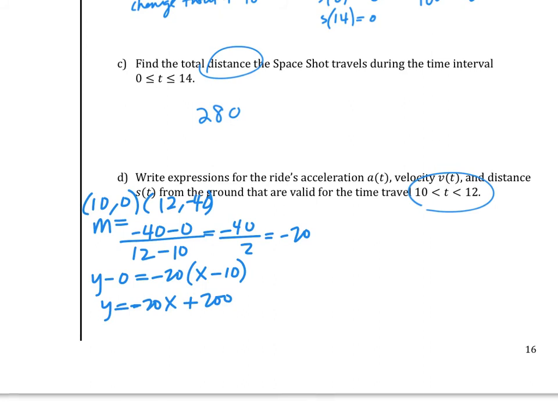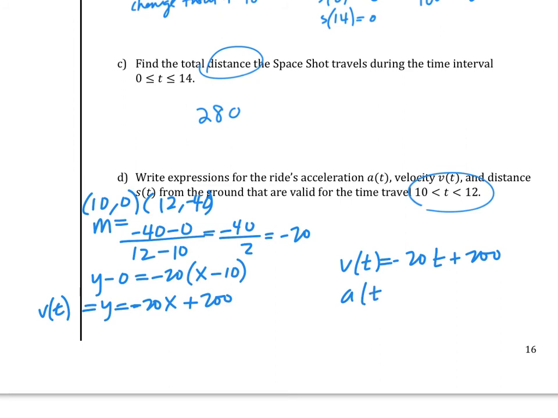It's easier to integrate that way. Okay, so what does y mean? Y means velocity, because that was the equation of the velocity curve. So we found this: v of t is equal to negative 20t plus 200.